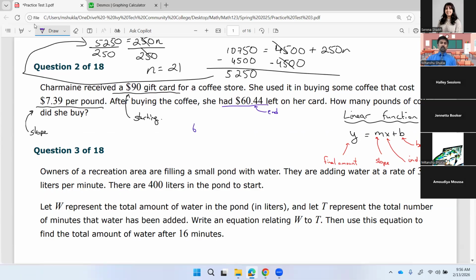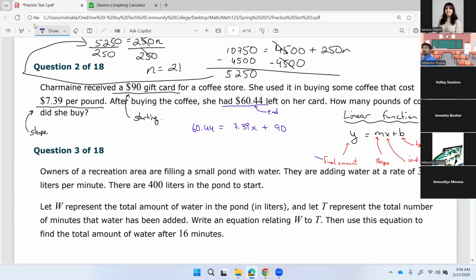So 60.44 is equal to m. M is slope. Well, my slope is 7.39 per pound. X is just some variable that I don't know, right? And plus some beginning amount that I have on my gift card in this particular instance, which is 90 bucks.